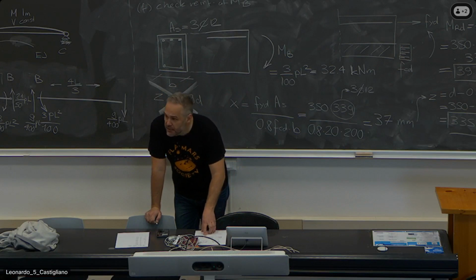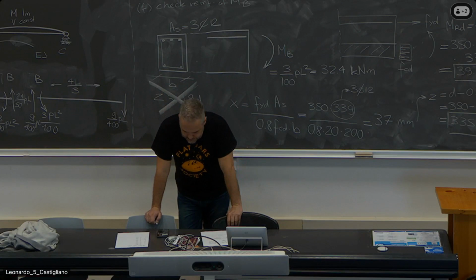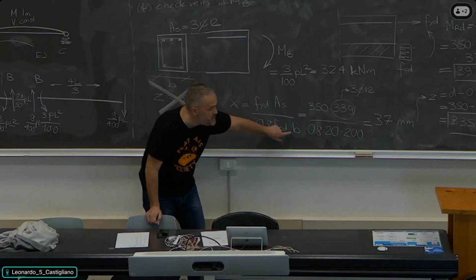If you don't put a B, it's not the right dimension. Your colleague points to the fact that in the formula, the neutral axis depth is missing the B. So it should read FYD times AS over 0.8 times FCD times B, as I wrote it here. There is a B.